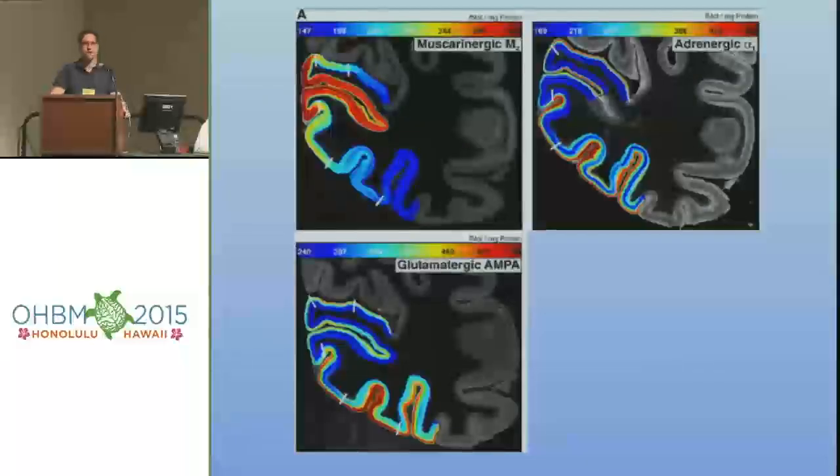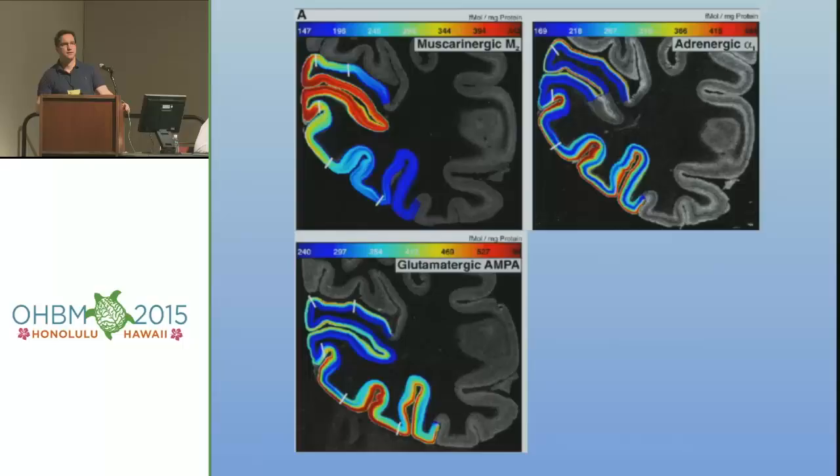In addition to these classical histological features, cyto and myeloarchitecture, we can also look at a large array of different neurochemical properties, from cytochrome oxidase staining to all sorts of neuron proteins, calbindin, and so on, or, for example, as I show here, density of neurotransmitter receptors.